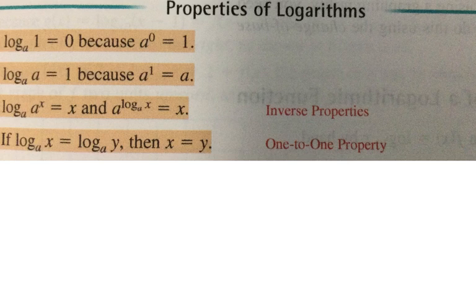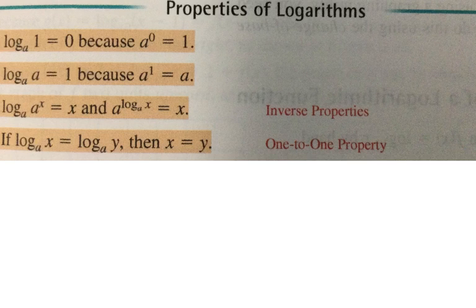Okay, let's look at this one. Log base A of A to the x is x. Okay, so we've talked about it here, right? That log base A of A essentially cancels and becomes 1.